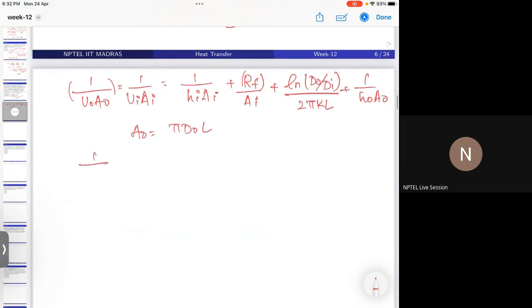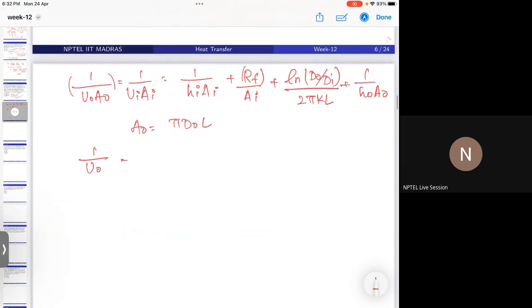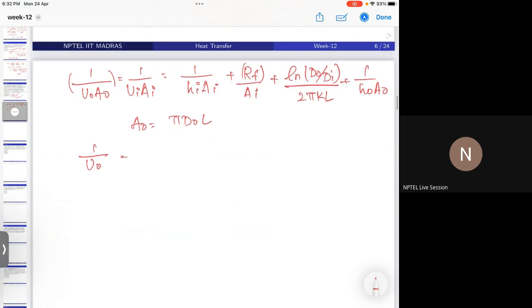So 1 by Uo is equal to 1 by Hi times Do by Di. But sir, Hi is not given in the data. We have to find it out.